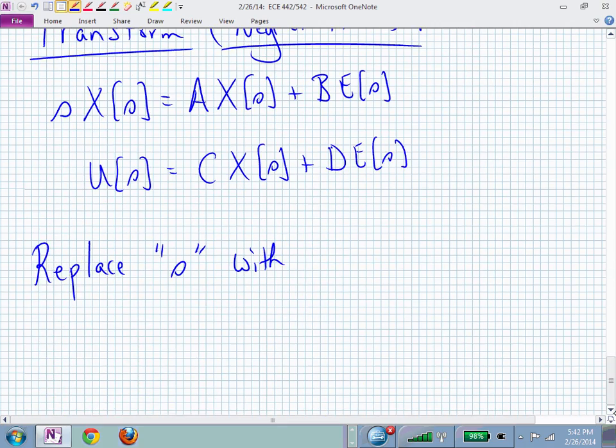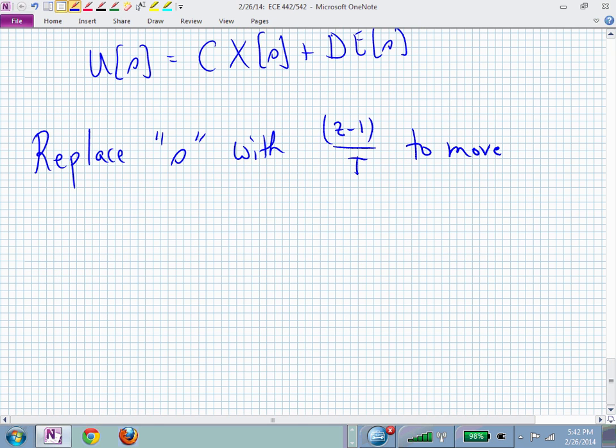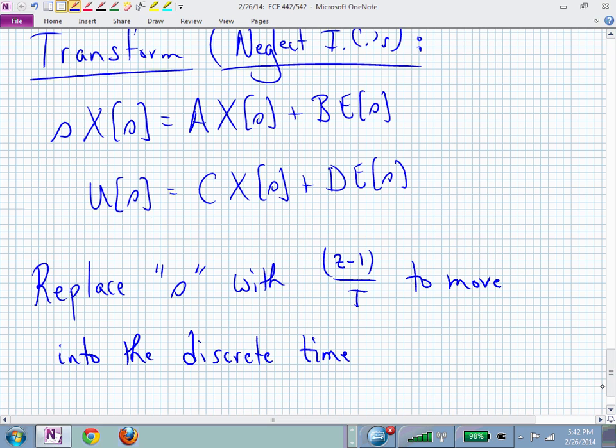If we replace s with z minus 1 over T, what that's going to allow us to do is to move into the discrete time formulation, which means now, instead of s capital X of s, we now have z minus 1 over cap T times capital X of z.